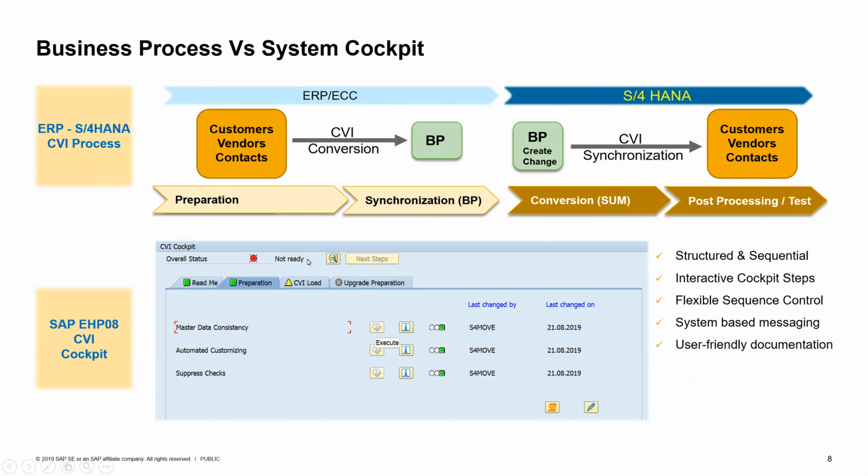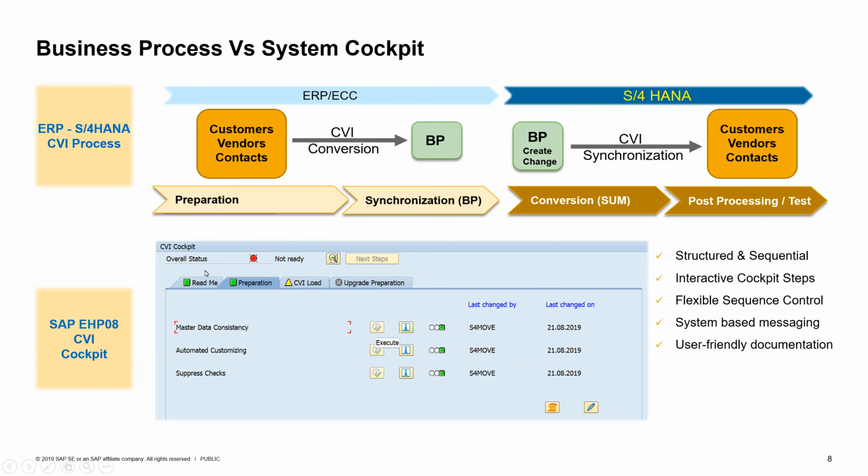I will also talk a bit technically when I get into the system, but this status basically speaks about whether or not your customer and vendor databases are fully ready with the business partners in the ECC box.